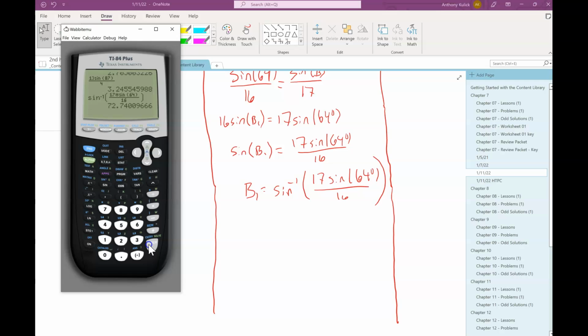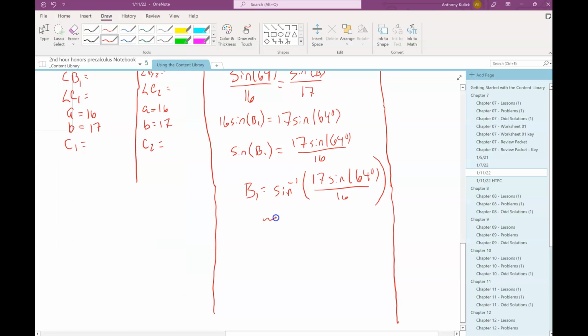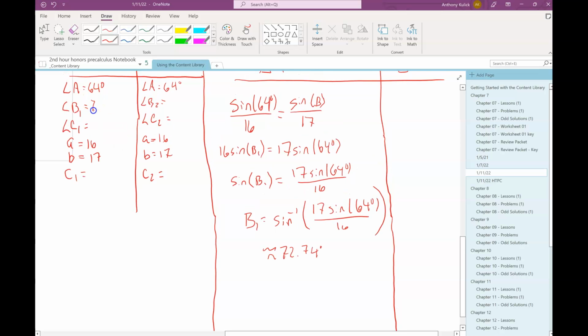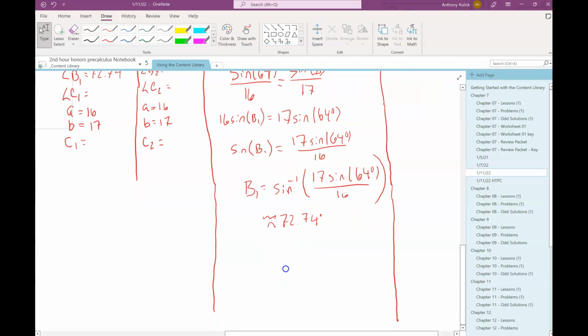That gives me 72.74. Look good? Now that I know two of the three angles, I can solve for the other angle really easily.